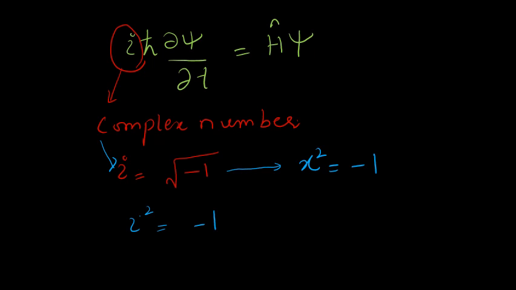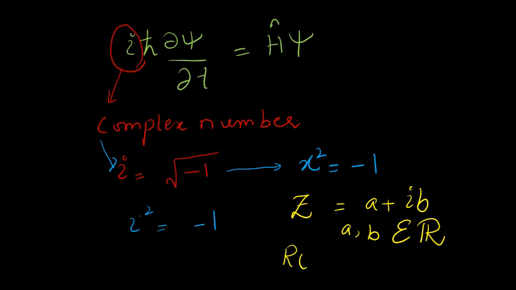Now let's suppose we have a complex number z equals a plus iota b. Here a and b belong to the real numbers.